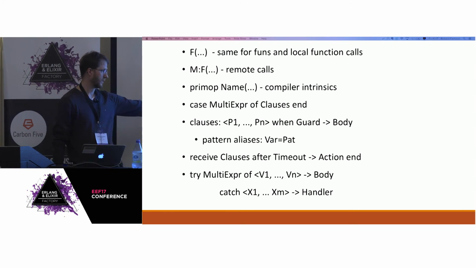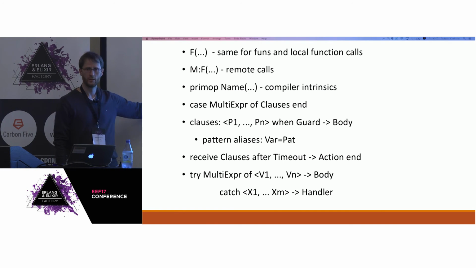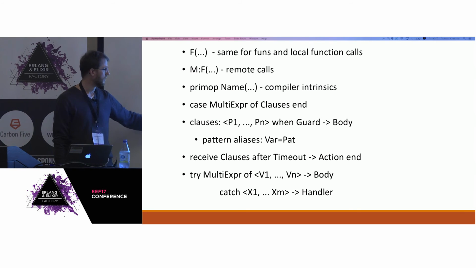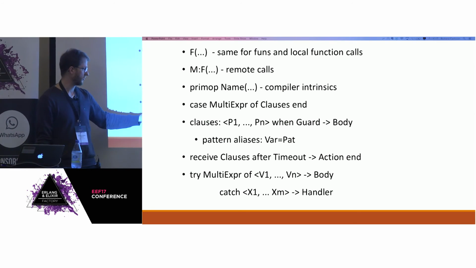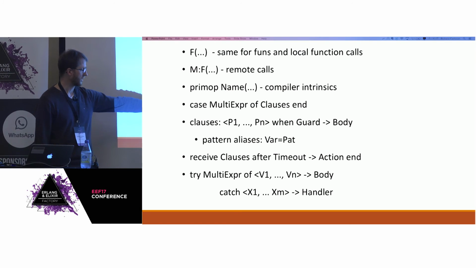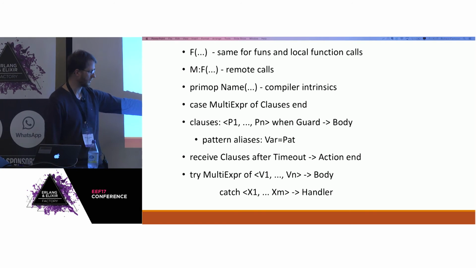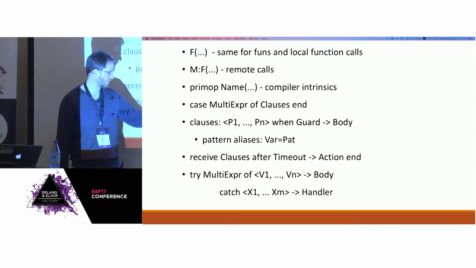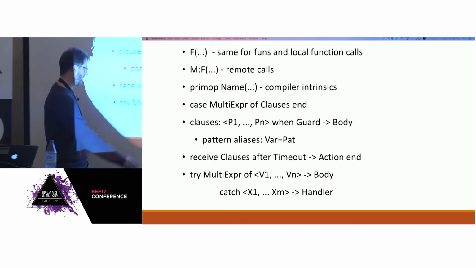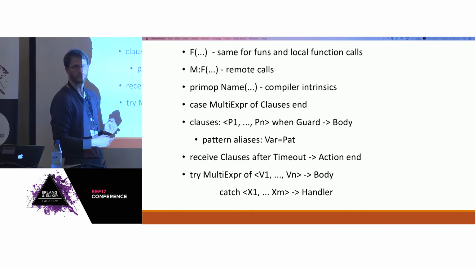And finally, we have try, catch, and these are much more bare bone on the core Erlang level. They say, run this. If it works, take the resulting multi-valued and bind it to these variables and execute body. So if it works, it's just a let binding, really.